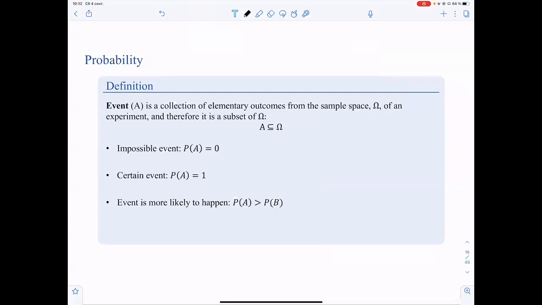For example, what is the probability of snowing today, and what is the probability of raining today? Although I'm not an expert at weather forecasting, I guess that the probability of raining is greater than the probability of snowing. Both of these events might happen, but raining is more expected and more likely to happen than snowing.